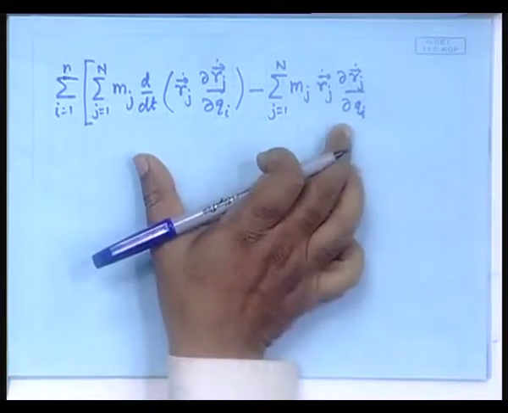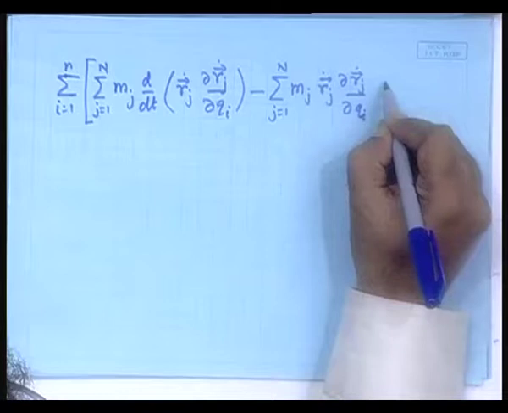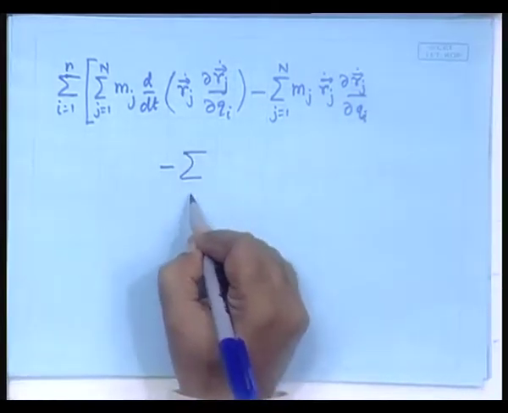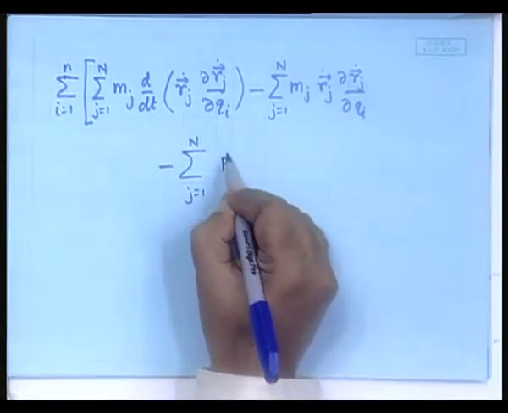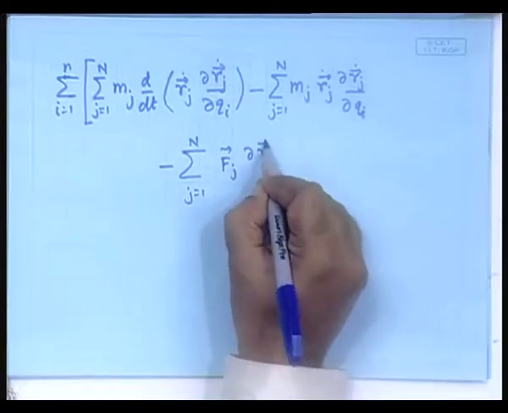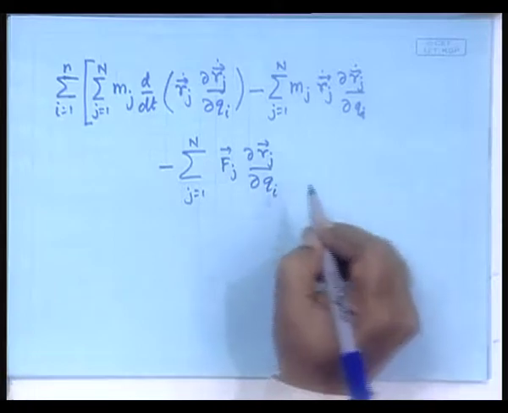So, that substitution is over, but there was another term remaining here that has to be written. So, we will again write it as a separate summation, right here, minus j is equal to 1 to n, it remains as it is, f j dou r j dou q i.